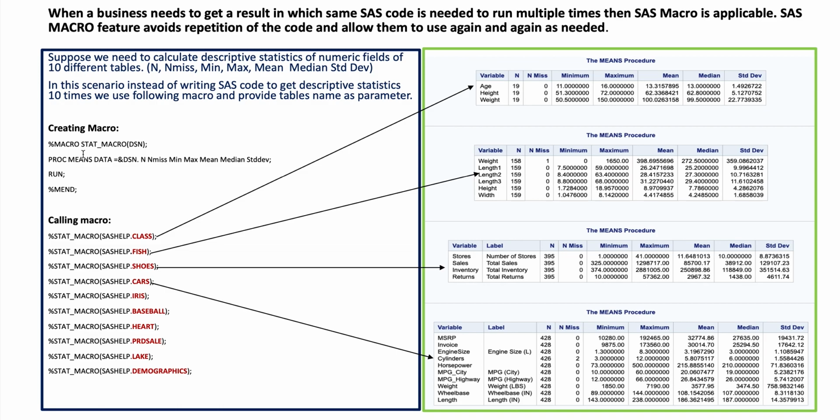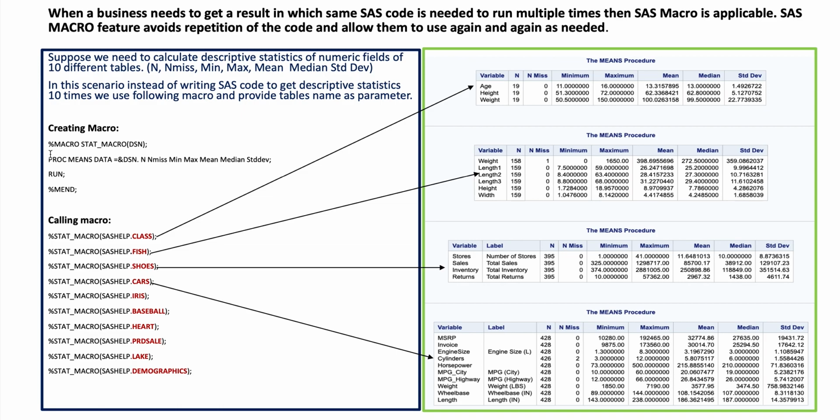That means this code is going to calculate descriptive statistics for default value. Default is all numeric variables. This macro is going to calculate descriptive statistics for all numeric variables present in each table.